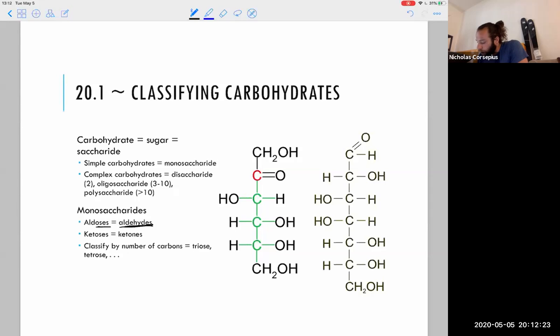Okay, so aldehydes, those are aldoses. And if it contains a ketone functional group, then it is a ketose. Okay, so these are now our two categories of monosaccharides, or simple sugars. Ketoses and aldoses. So everybody take a second and indicate which one is which here.